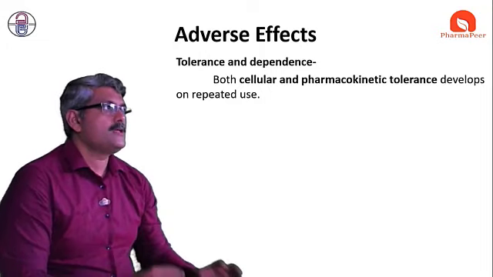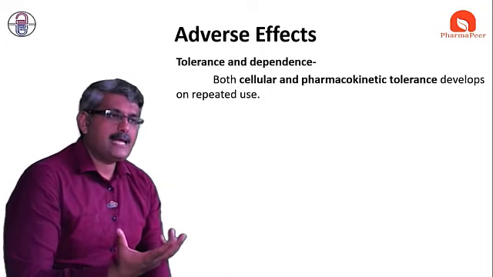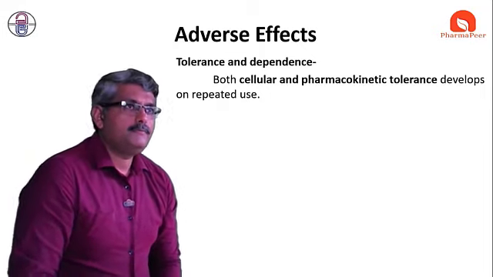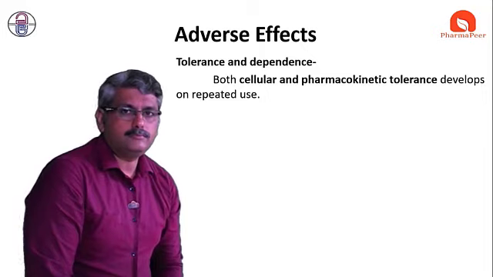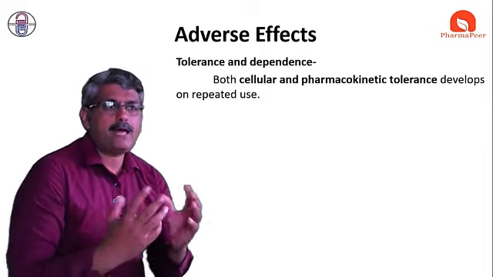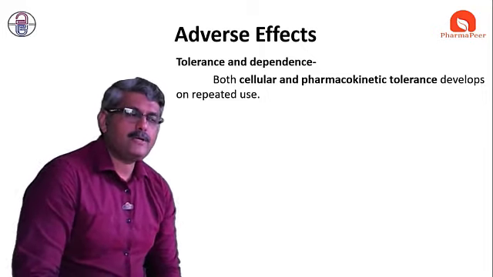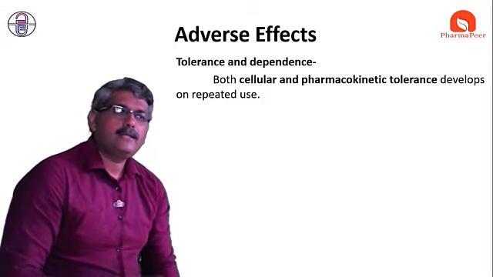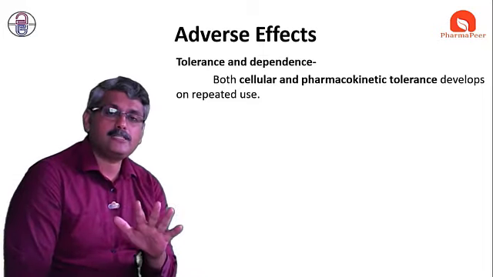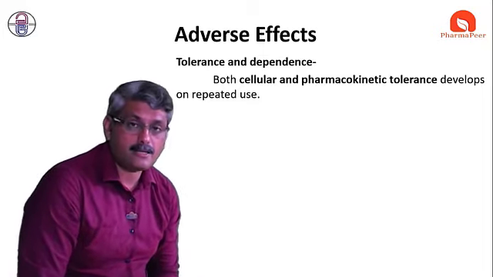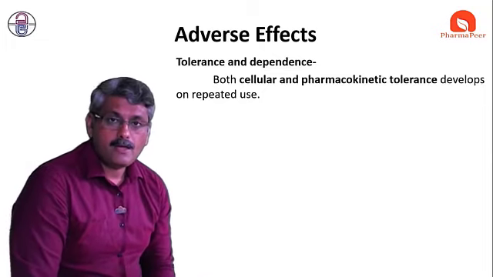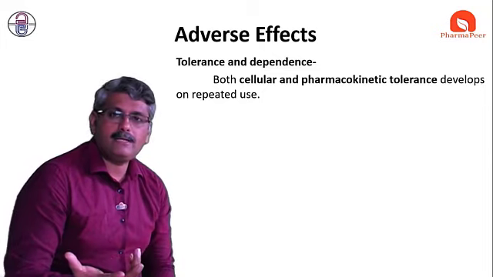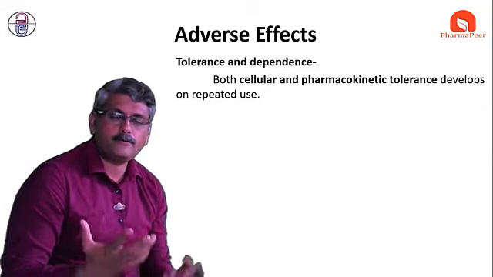Cellular tolerance means, whenever a cell has an initial dose of 5 milligram, suppose to bind that barbiturate we have 5 receptors, but as we increase the dose, or as we take the drug for a longer time, instead of these 5 receptors, more receptors get developed on our cell, and that's why the body is telling that this 5 milligram is not sufficient for producing such an effect, we need more.